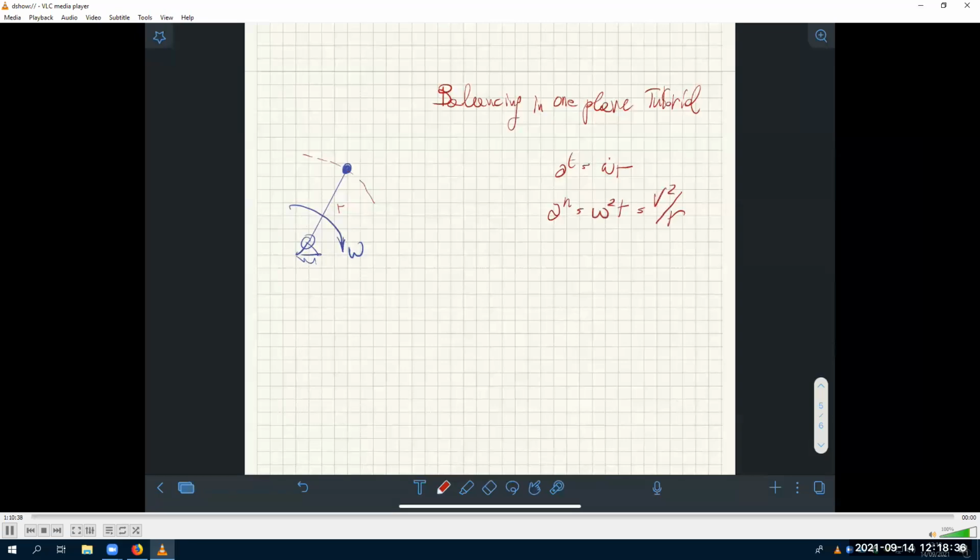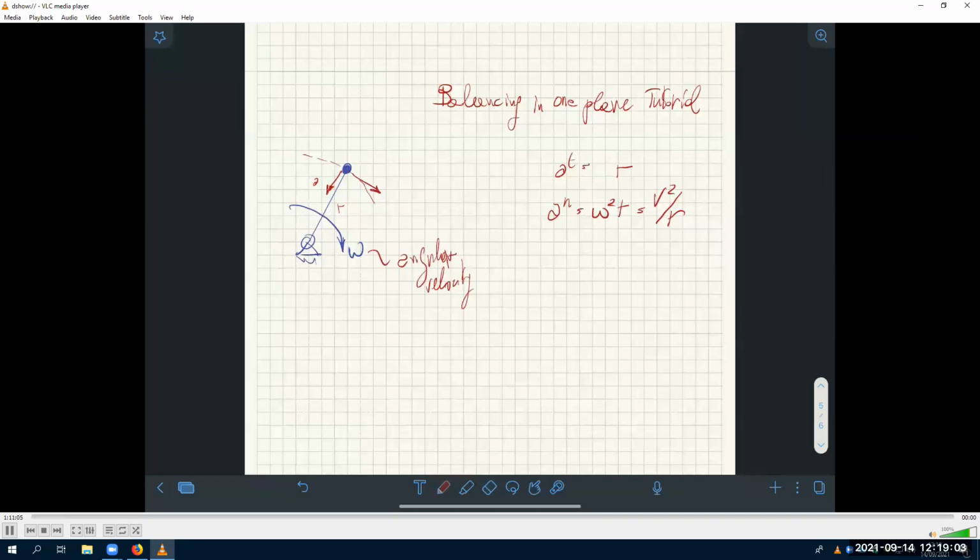Guys, revision, okay? This is what we did last year. Tangential acceleration is omega dot times r, where omega is the angular velocity and omega dot is the angular acceleration.